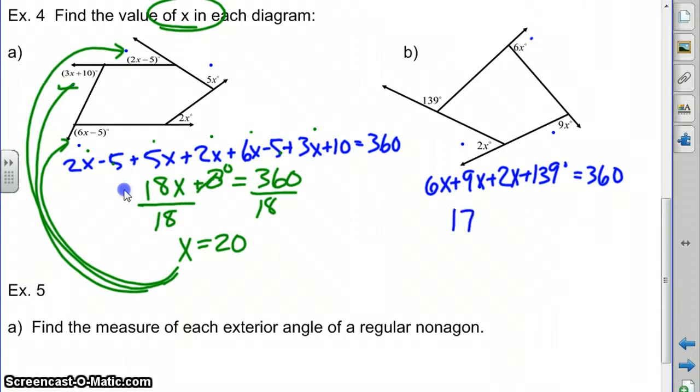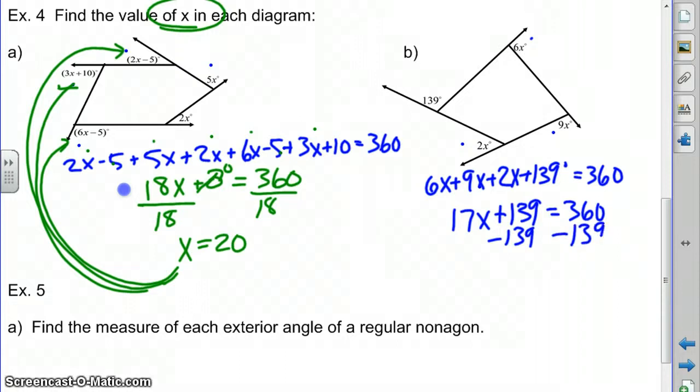Combining like terms, I have 17x plus 139 is equal to 360. I'm going to subtract 139 from both sides. That leaves me with 17x is equal to 221. Dividing both sides by 17, I get an x value of 13.